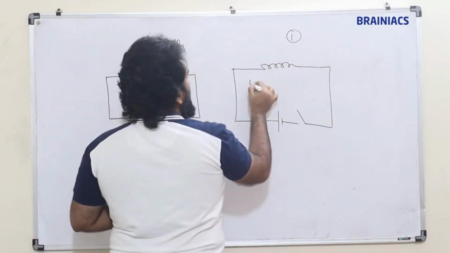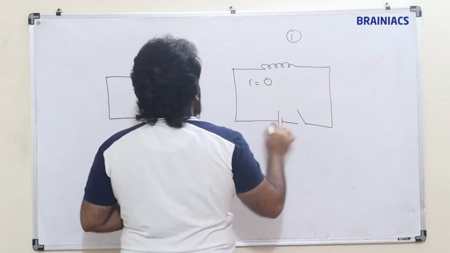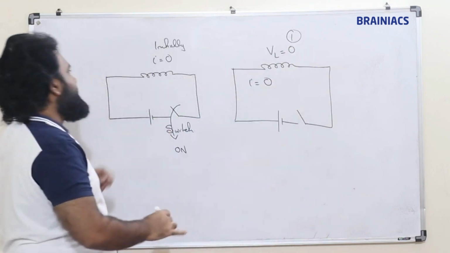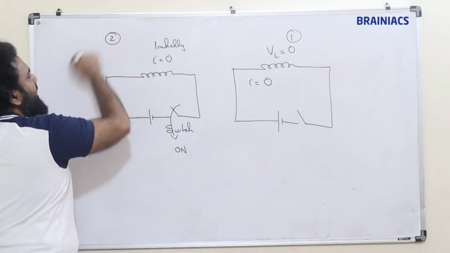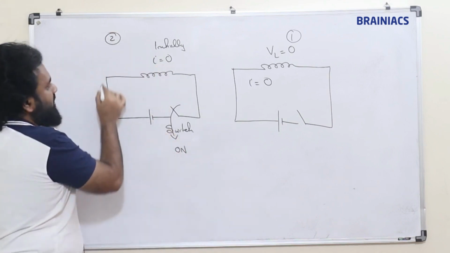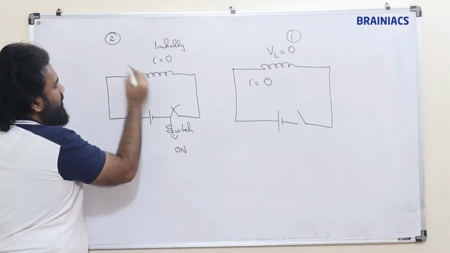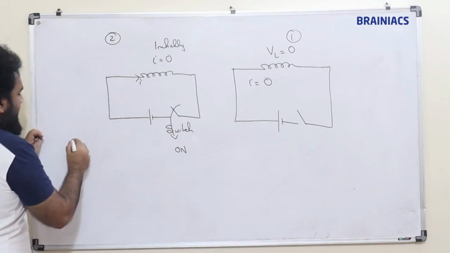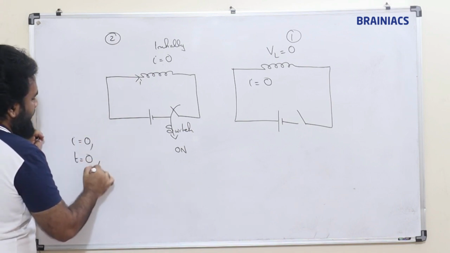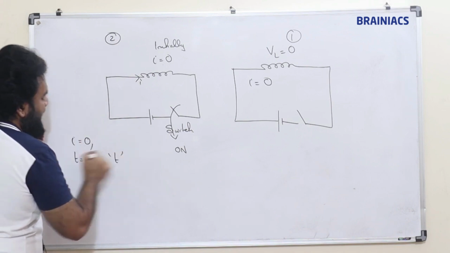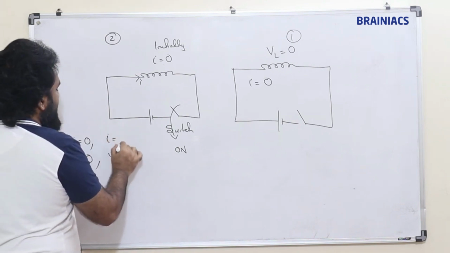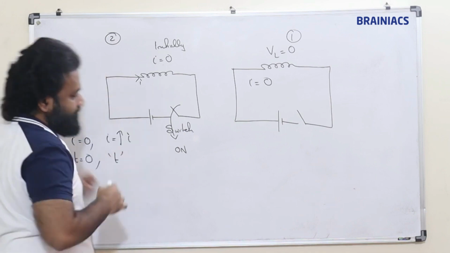Here current is 0, so no induced EMF, nothing. Now when it is switched on, second circuit, initially current was 0 at time t is equal to 0. Now at a time t, the current is increasing to I.